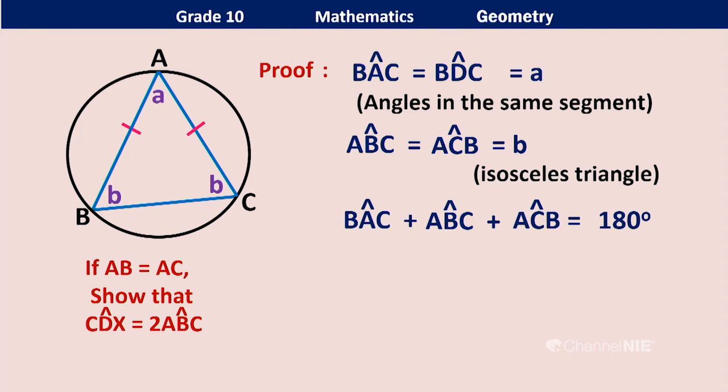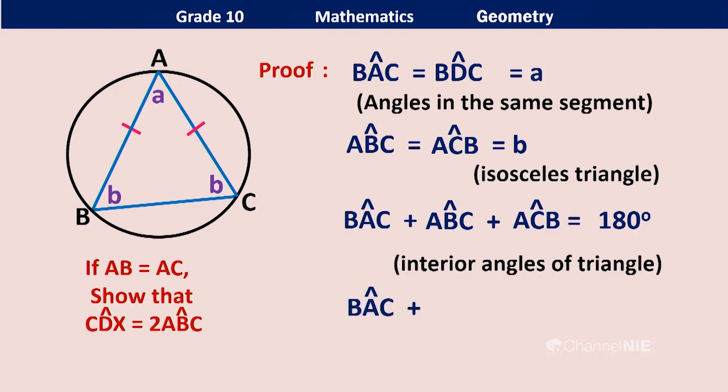Since angle BAC, angle ABC and angle ACB are the interior angles of a triangle, we know that the sum of the interior angles of a triangle is equal to 180 degrees. So, we have to mention the reason as well. So, we can say angle BAC plus angle ABC and angle ACB.